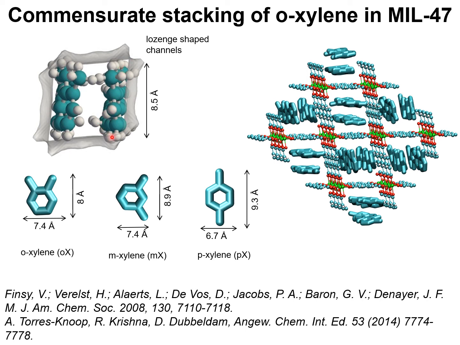Here are computational snapshots showing the commensurate stacking of orthoxylene within the 1D channel framework of MIL-47. So it's possible to separate mixtures of xylenes, but the separation is not para-selective as we desire as an alternative to barium X, but it's selective to orthoxylene.